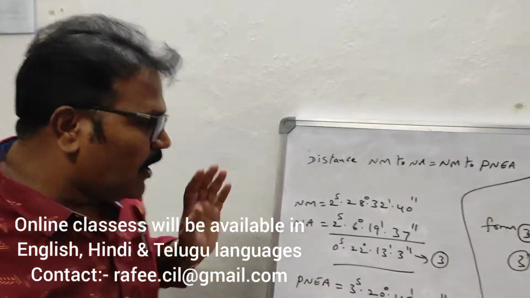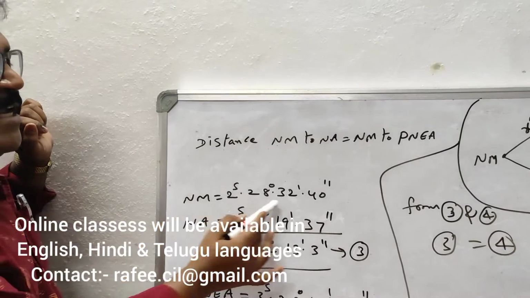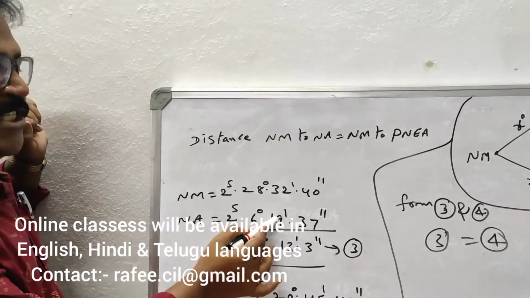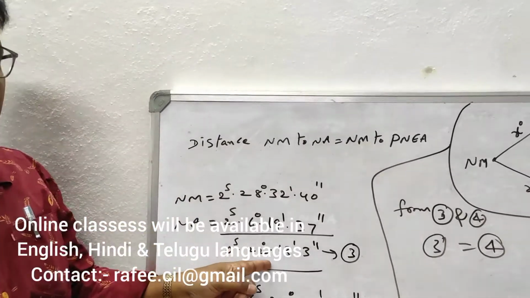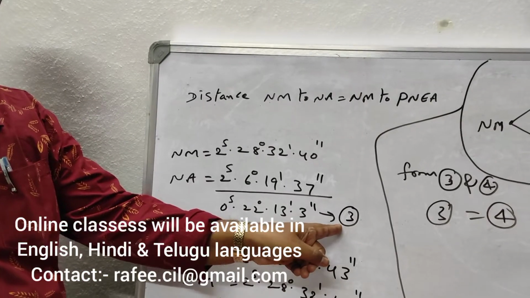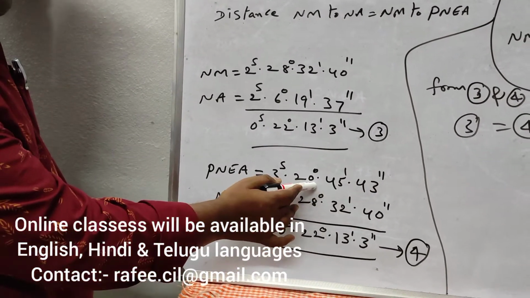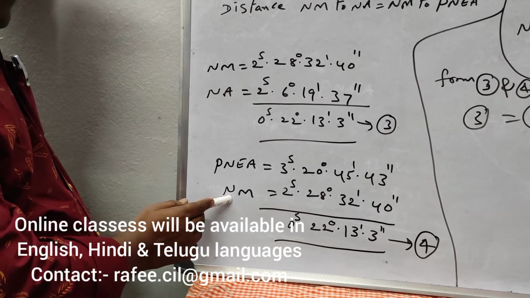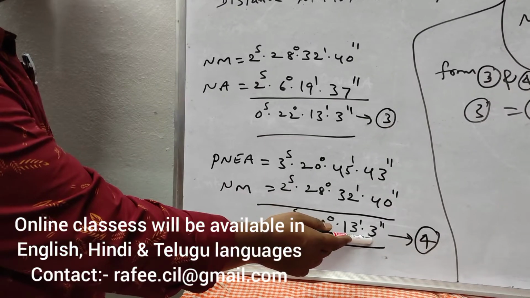Now, NM is this degree and NA is this degree, so the distance is this. This is equation 3. And PNEA is this degree and NM is this degree, and the distance is this. This is equation 4.